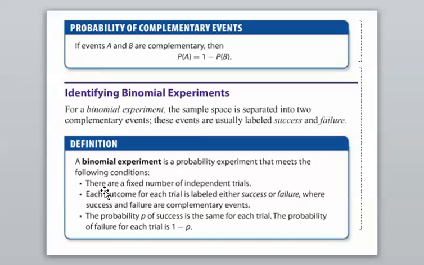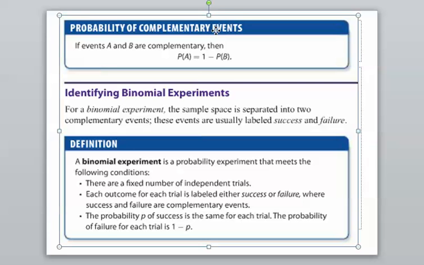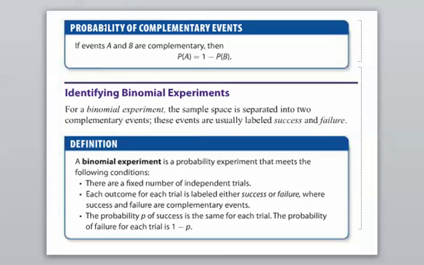Okay. What's the probability of complementary events? What is a complementary event? Well, a complementary event is when something doesn't happen. So what you're saying is, if the probability of flipping a coin and getting a head is 1 out of 2, then the probability of getting a tail, which is the complementary event, would be 1 minus 1 out of 2, or 1 out of 2.